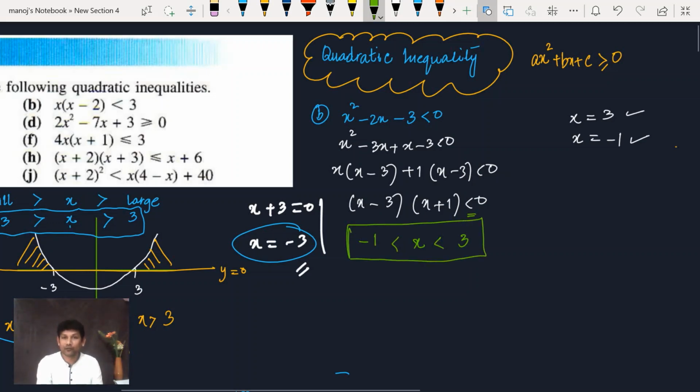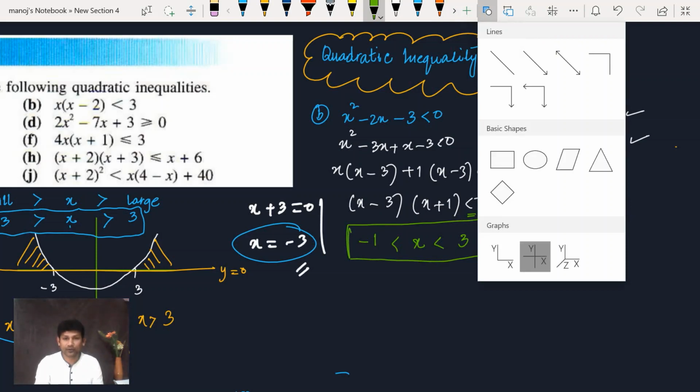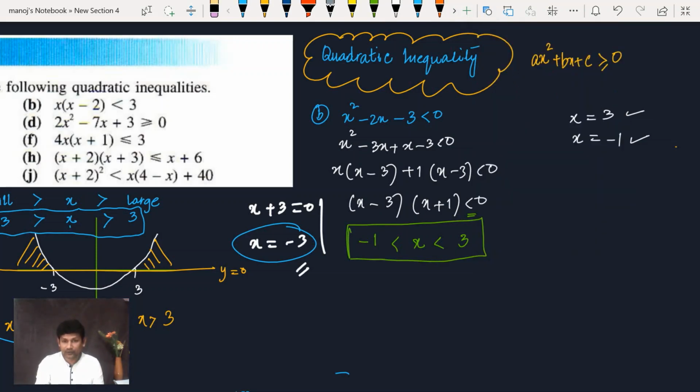But even if you want to draw the sketch to support your answer, what you can do, just to check out. Okay, the result is minus 1 and plus 3 is here. Okay, and the sketch is like this.